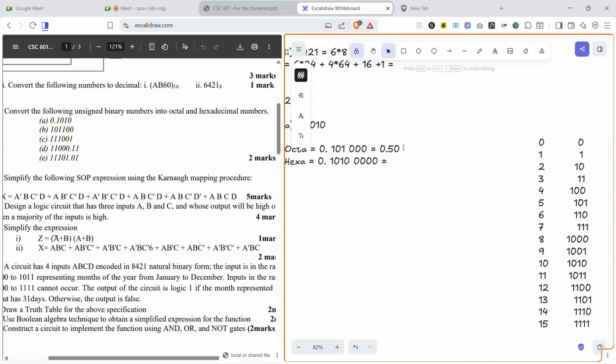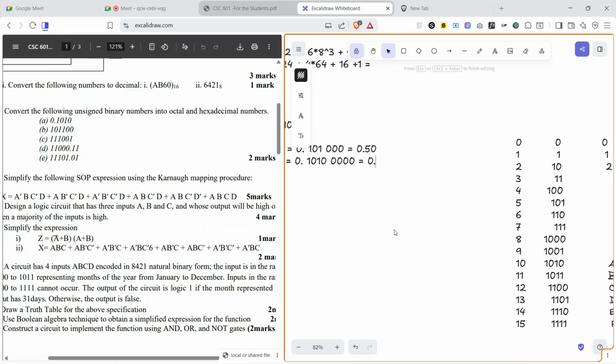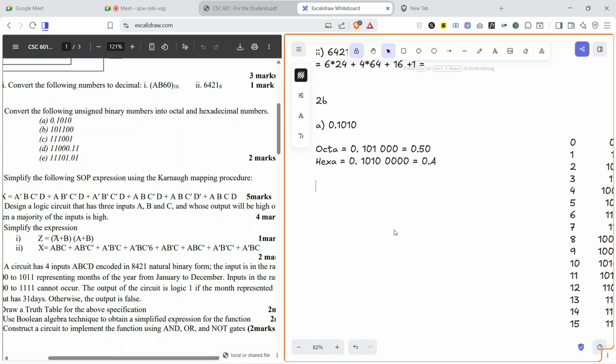So you want to put a base 8 on that. Don't forget that. This is 1010. 1010 is 10, which is the same thing as A. So you are not going to write it as 10, you are going to write it as A. So this is 0.A base 16. You must not forget that.